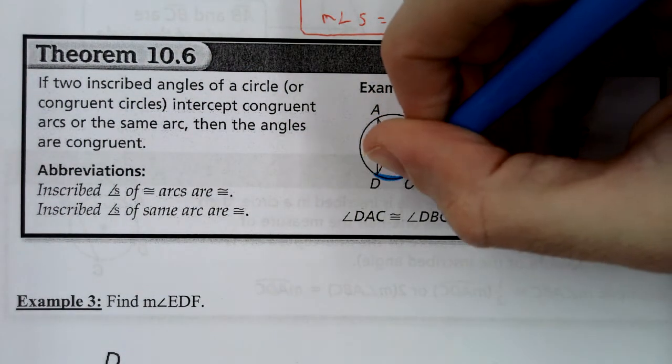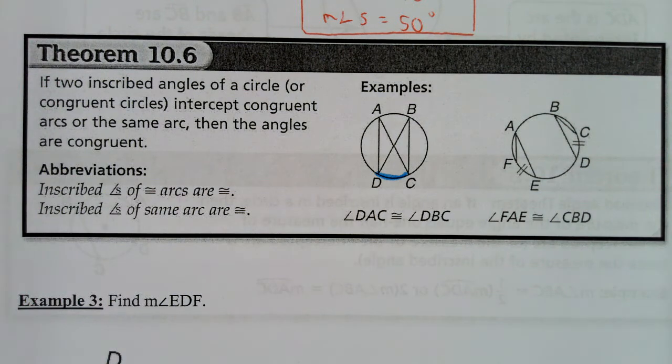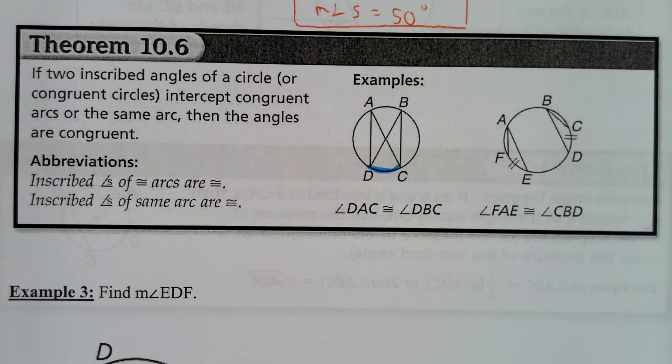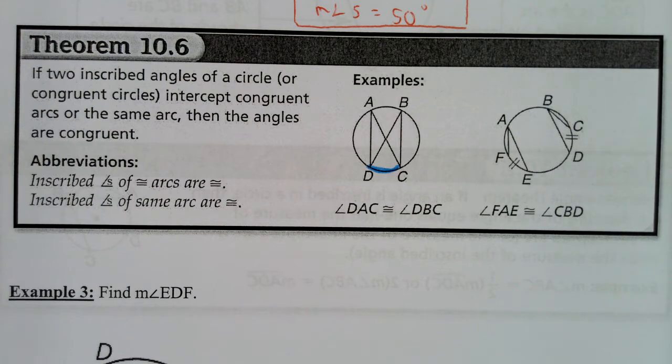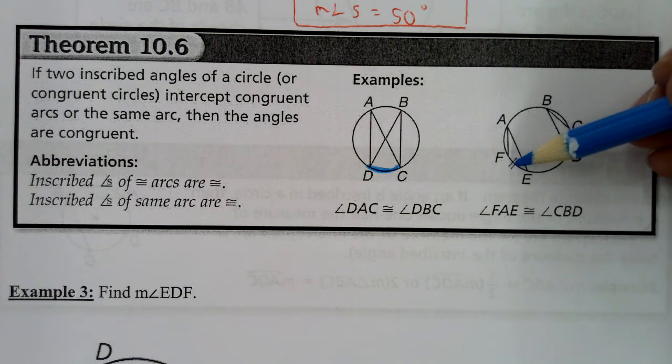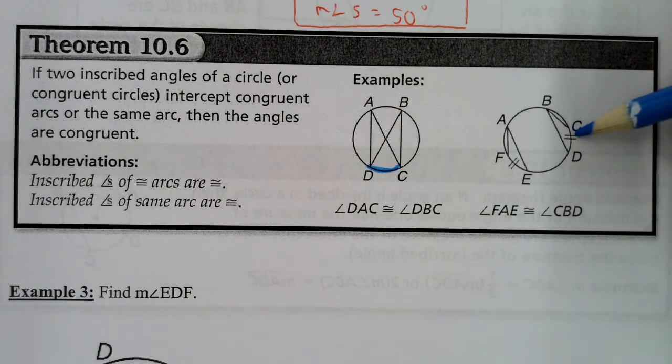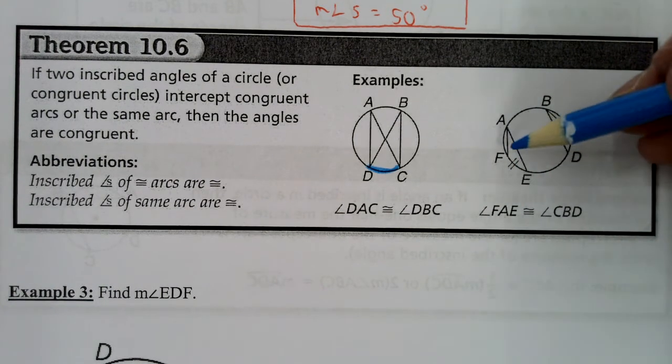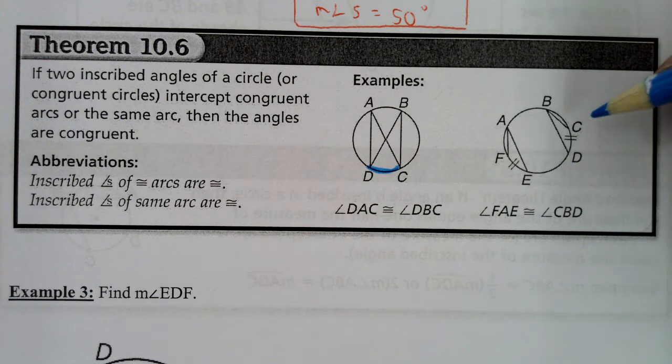So if they're inscribed in the same arc, then they have to be the same, because they're both half the same arc. Okay? And look at this example right here. You have this arc labeled congruent to this arc. So it means that angle FAE is congruent to angle CBD, because they're both half of the same arc. Okay.